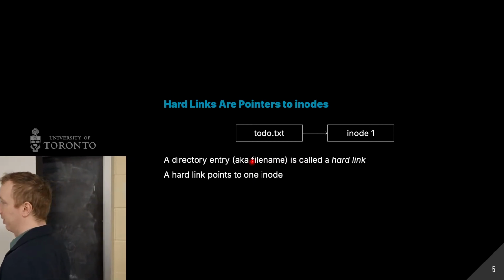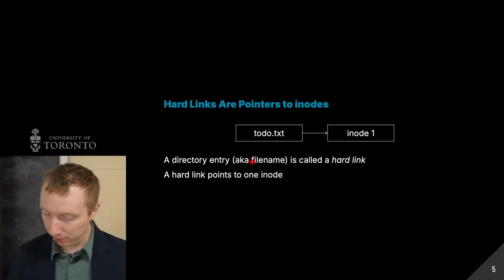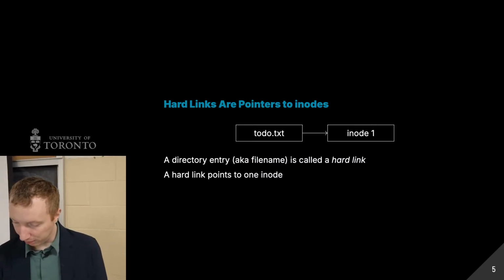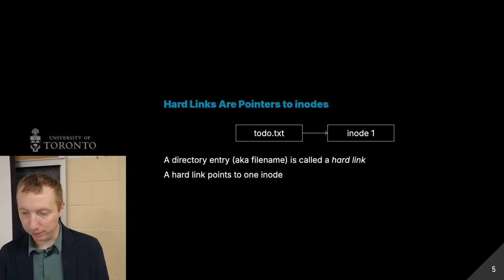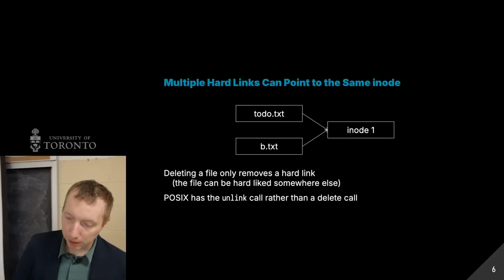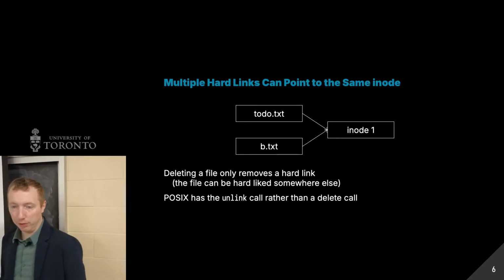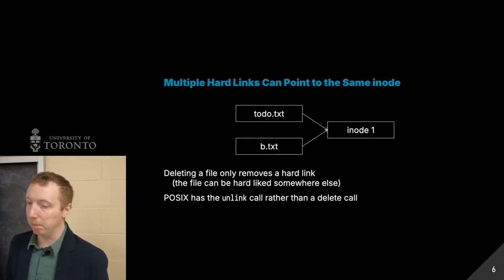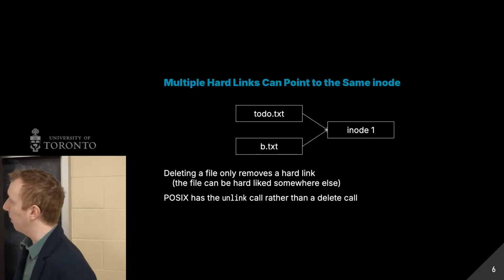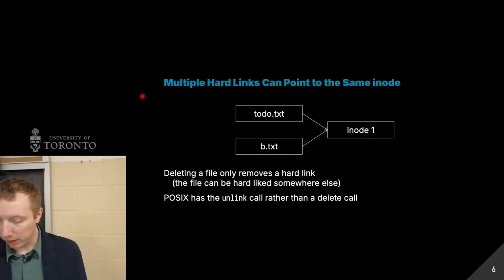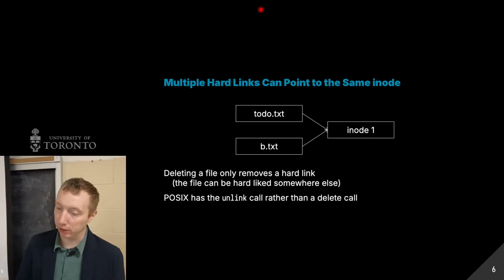Okay with that? All right, so if there's something called a hard link, you might imagine there's something called a soft link. But before we get to that, multiple hard links can point to that same inode. So I could have to-do.txt and b.txt both pointing to the same inode. And this is why the rm command doesn't actually delete a file.